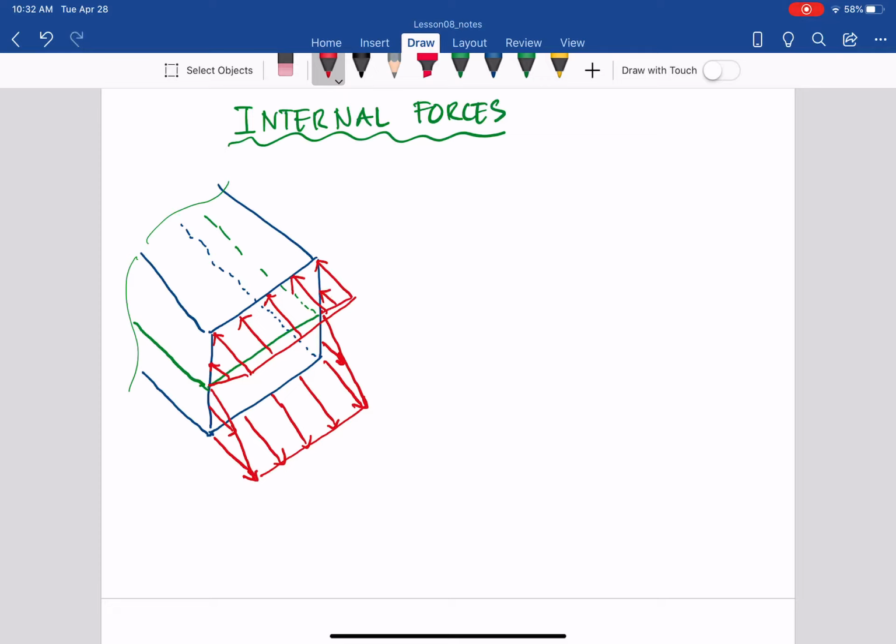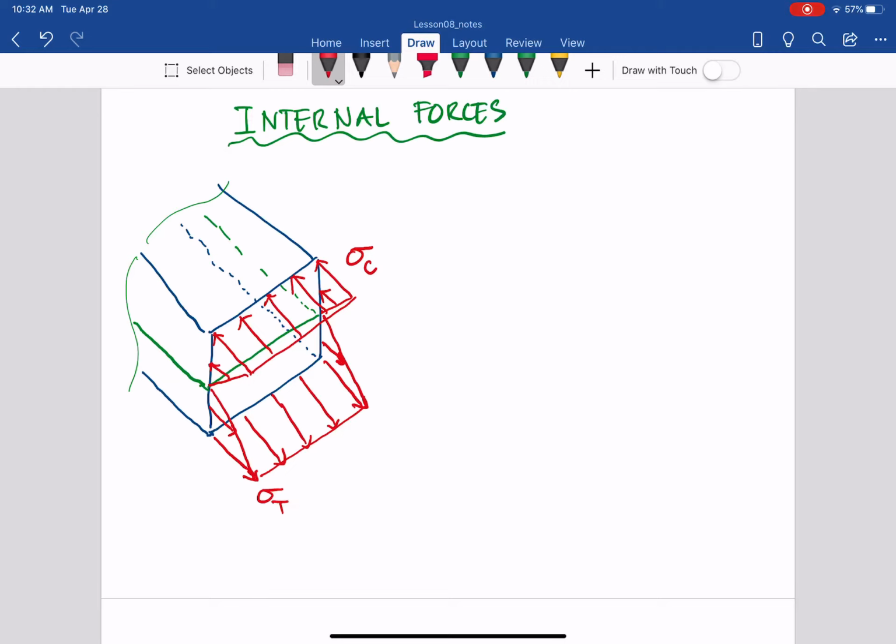So from that, if we call the top one compression, that is sigma c, and sigma t for tension.